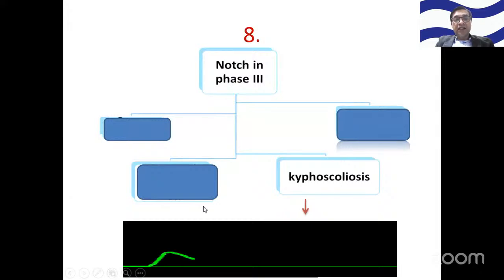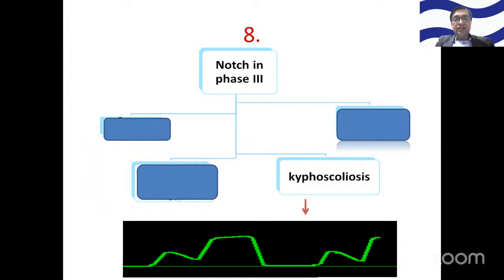Okay. Regarding kyphoscoliosis, you can get this kind of notch, and this notch is constant. Initially you get the first phase three, then you will have another phase two and another phase three. This is because a kyphoscoliotic patient will have one lung which is restrictive and one lung which is fully expanded, and the alveoli of both lungs are at a different time frame.